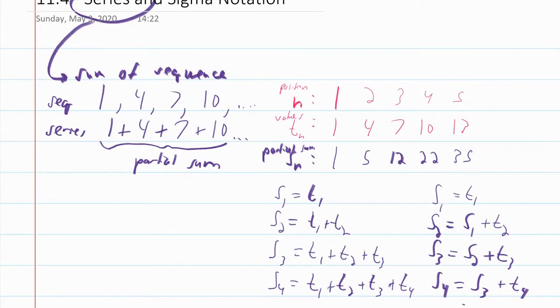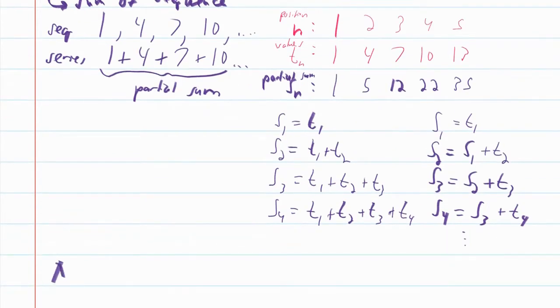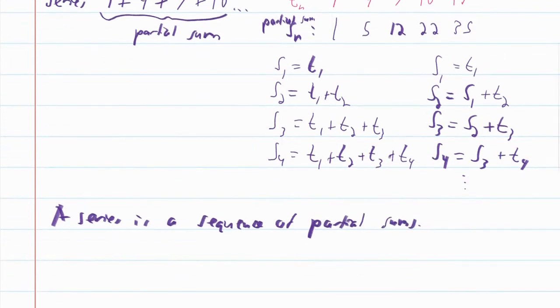A series is a sequence of partial sums. Or put very simply, a series is the sum of a sequence. It's just adding up all the terms of a sequence.